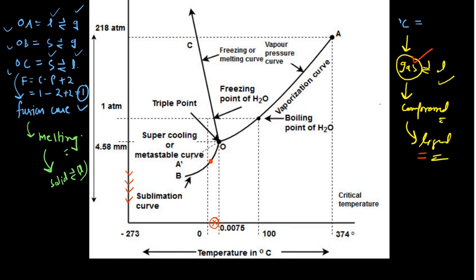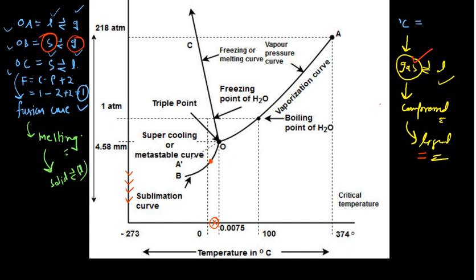Definitely one form will disappear, and that form would be your solid ice. All along this curve OB you have the solid and the gas.